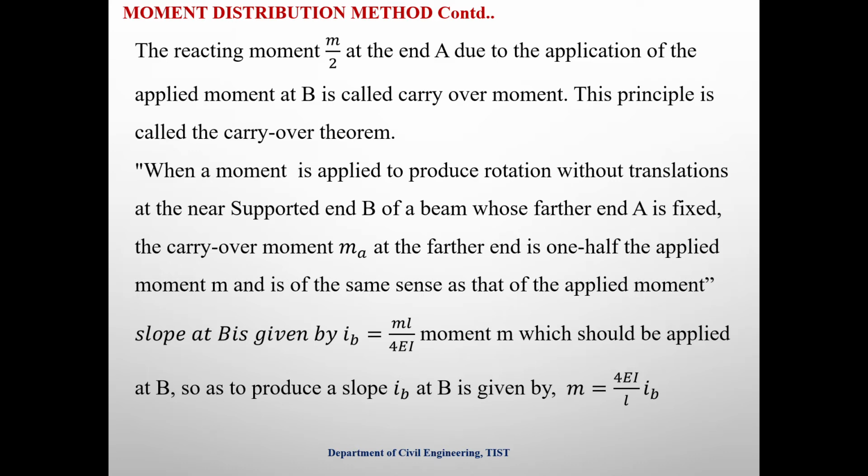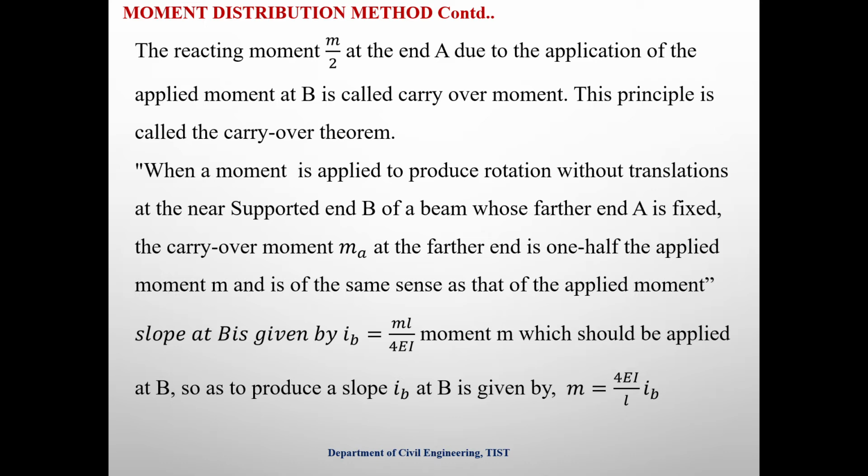That means when we apply a moment of M at the point B, if the far end A is fixed, then there will be a carryover moment of half of that moment, M by 2, going to the far end. This moment M by 2 is known as carryover moment, and this principle is known as carryover theorem.